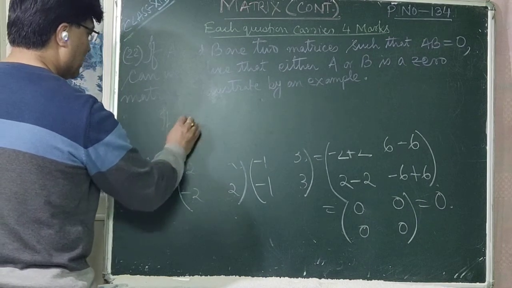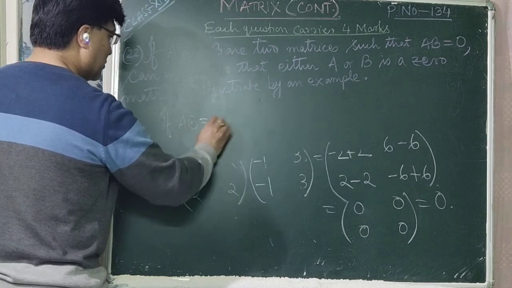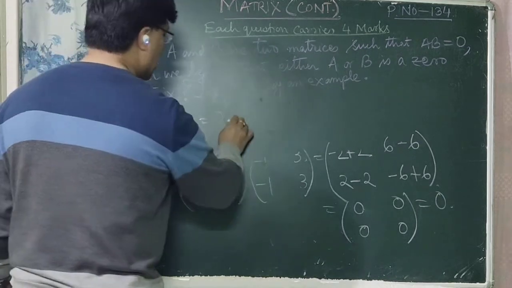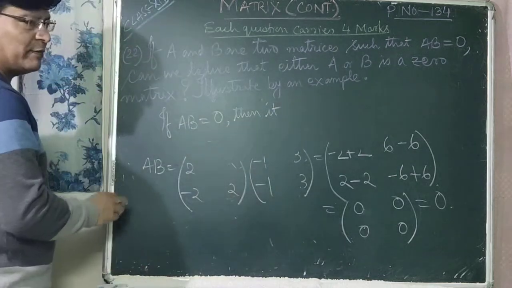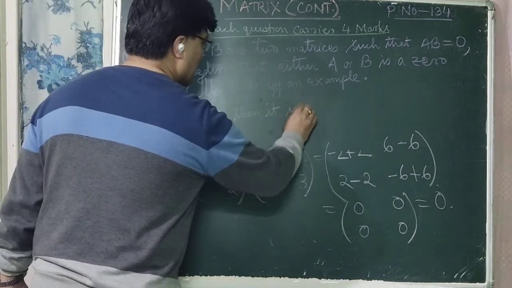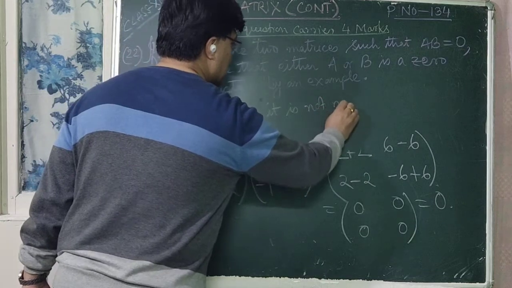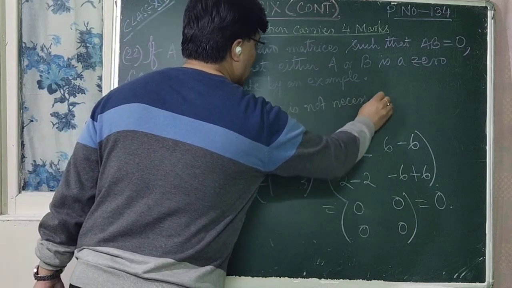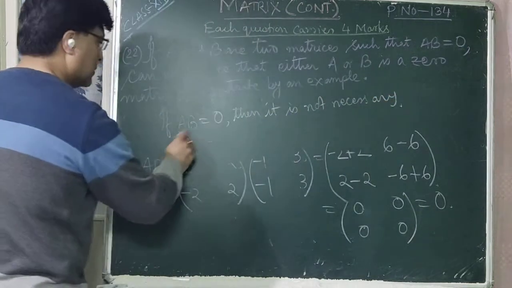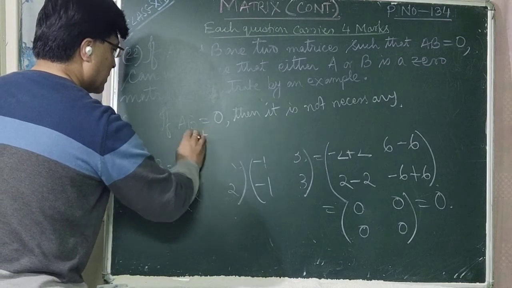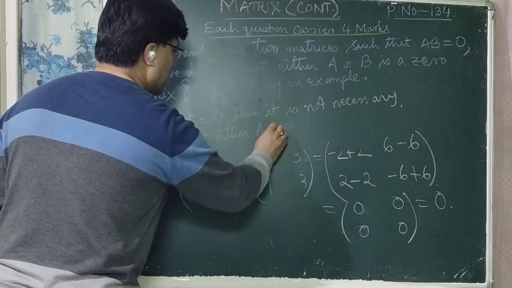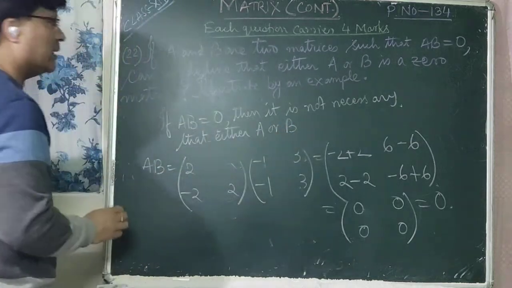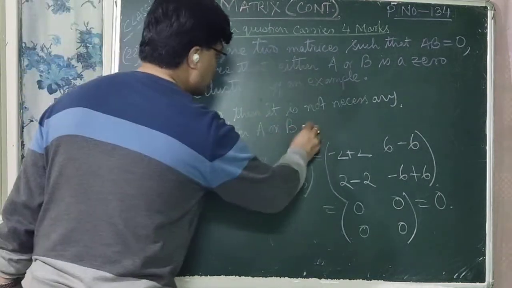If AB is a null matrix, then it is not necessary that either A or B is a zero matrix.